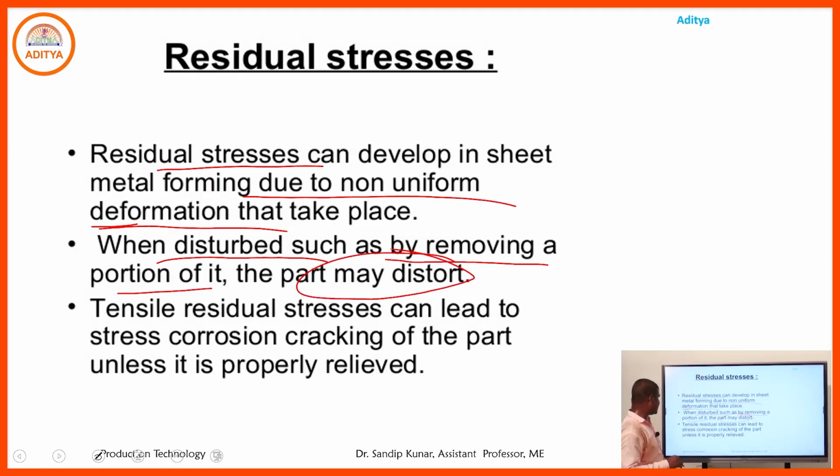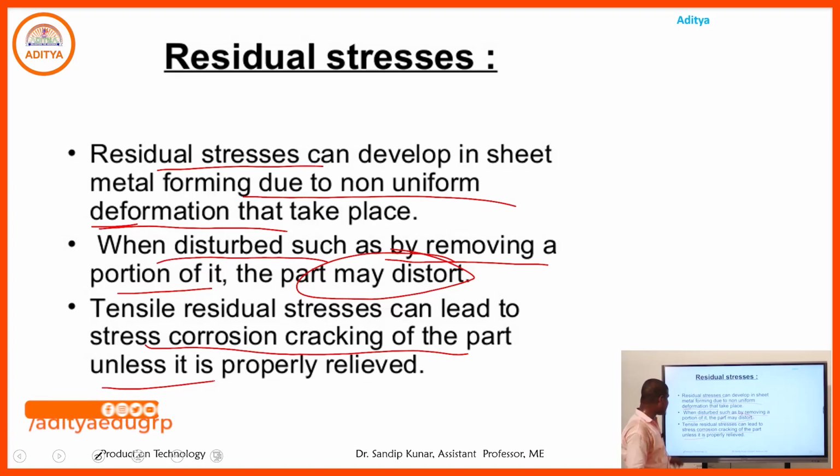Tensile residual stresses can be very high and sometimes lead to stress corrosion cracking of the part.